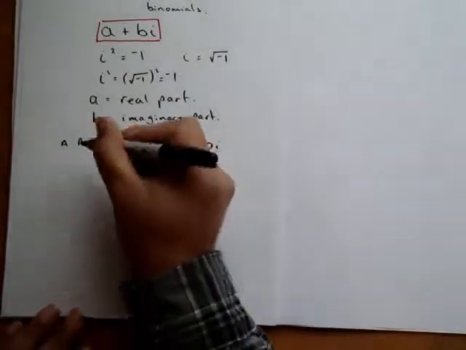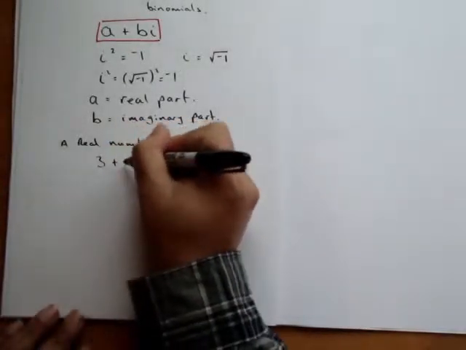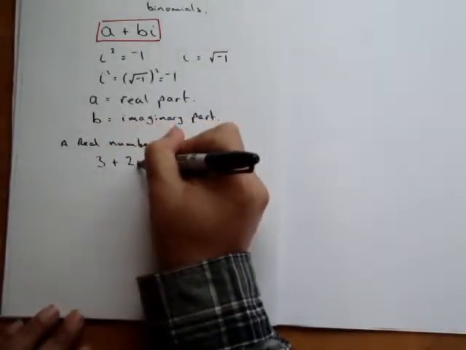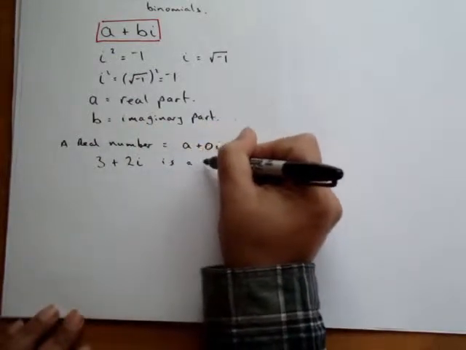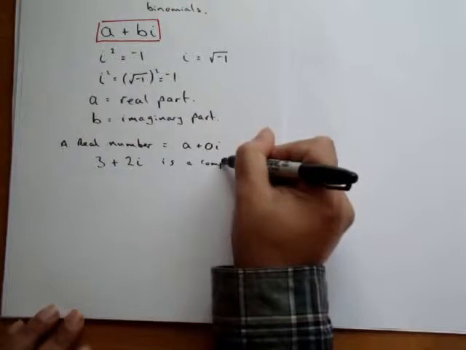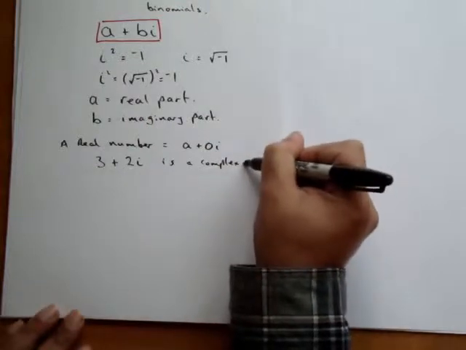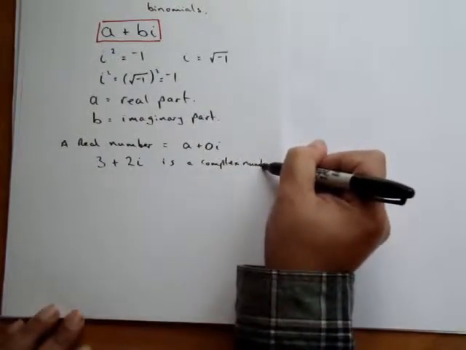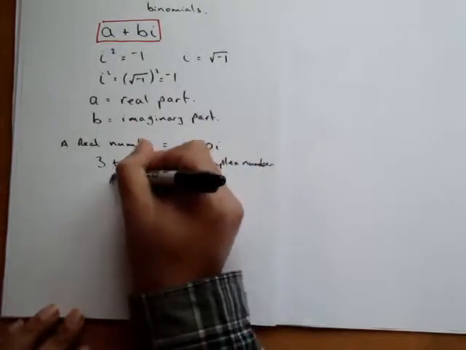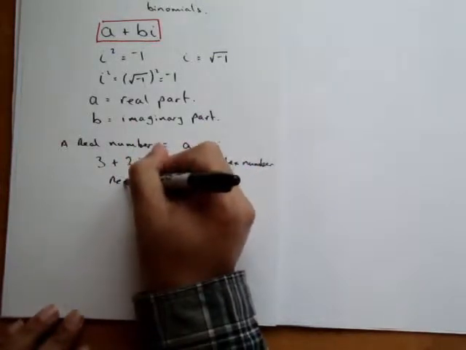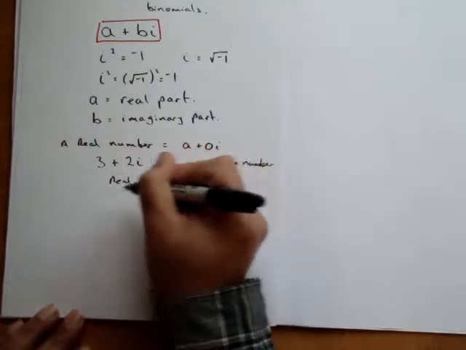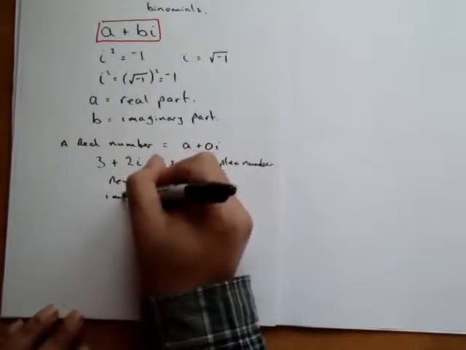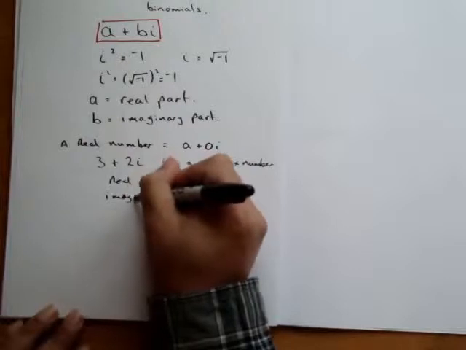So 3 plus 2i is a complex number, and the real part is 3 and the imaginary part is 2.